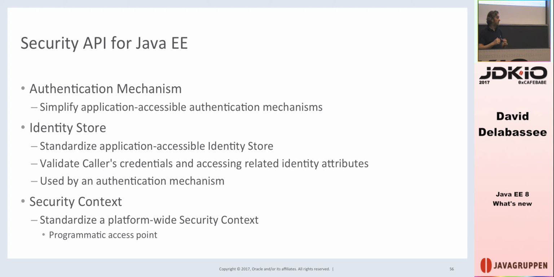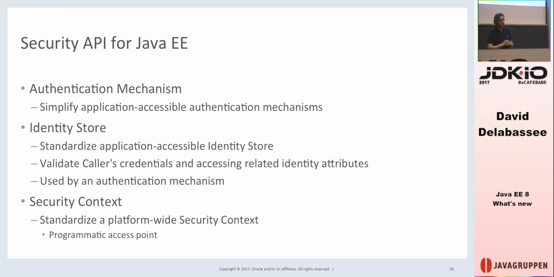So this is what this API is trying to solve, simplifying the way you can apply security constraints within your application. For example, they are adding the notion of an identity store. Until now, to deal with users, you had to rely on something which was application server specific.